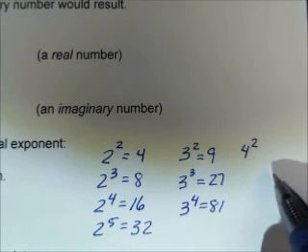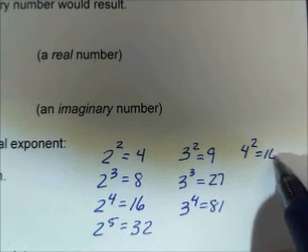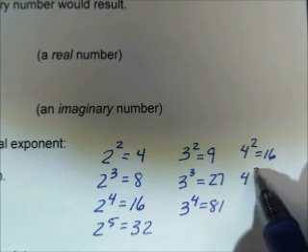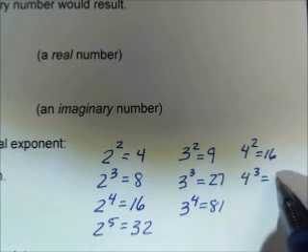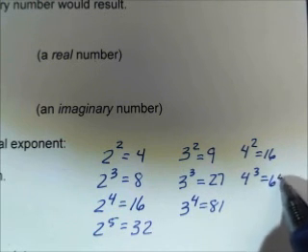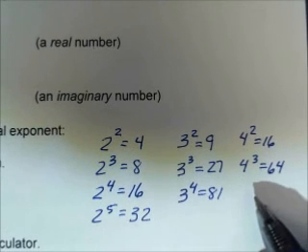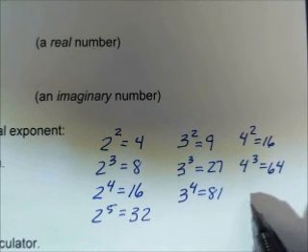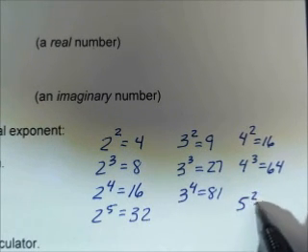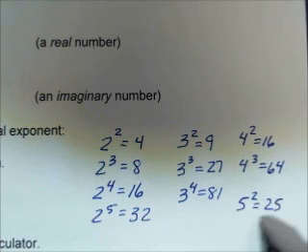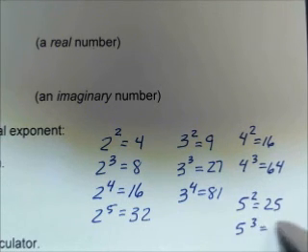Powers of 4. 4 squared is 16. 4 to the third is 64. And let's just also write in 5 squared and 5 to the third. 5 squared is 25, and 5 to the third is 125.